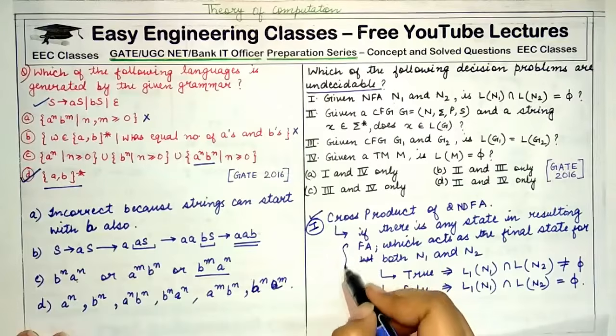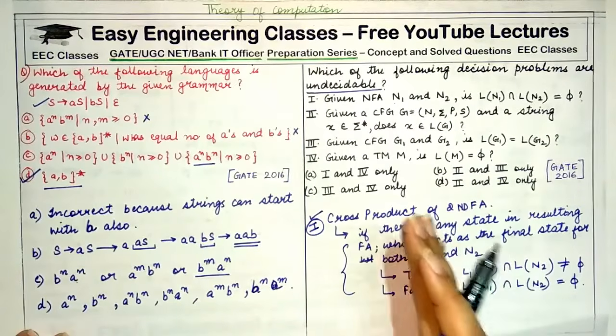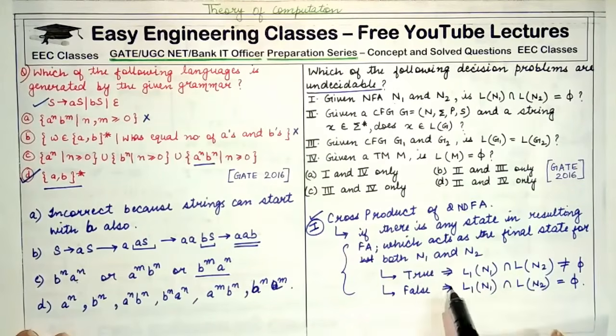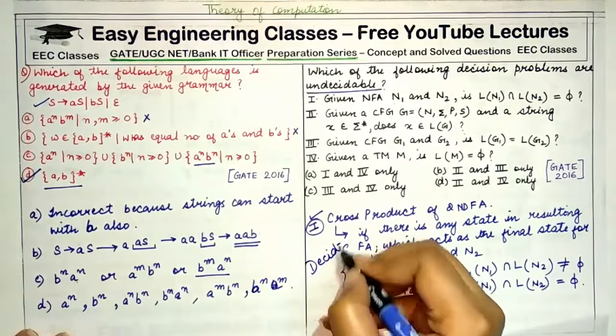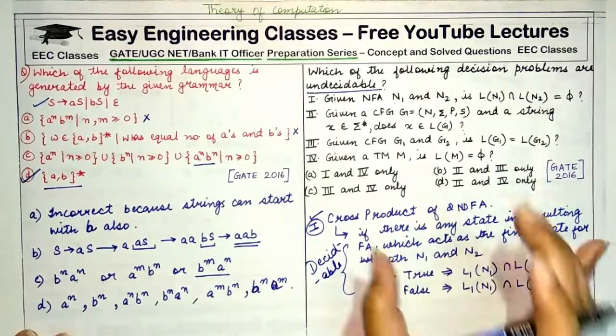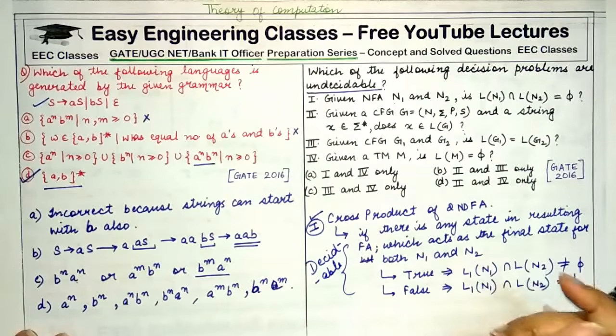Since we could decide the first problem using a particular set of steps, finding the cross product and then finding out if there exists a particular state to decide if the intersection is empty or not, that problem is decidable. A yes or no answer can be achieved using a sequence of steps that can be followed.